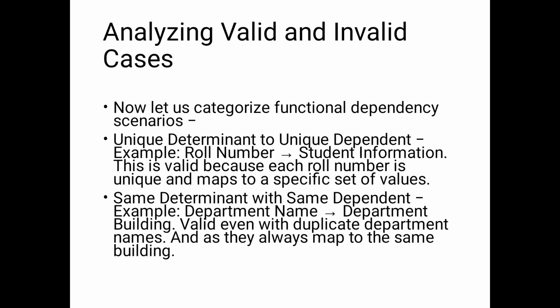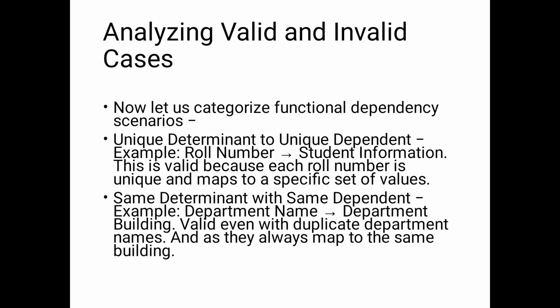Another one is same determinant with same dependent. For example, department name implies department building. It is valid even with duplicate department names, as they always map to the same building.